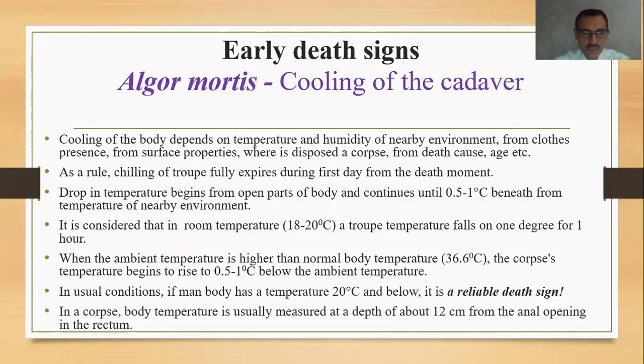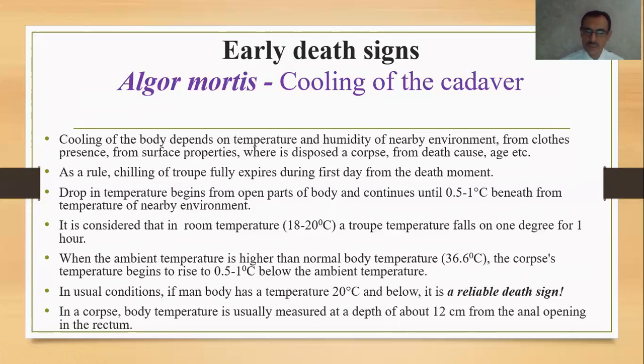It is considered that in room temperature, 18 to 20 degrees Celsius, the body temperature falls by 1 degree per hour. When the ambient temperature is higher than normal body temperature, the corpse temperature begins to rise to 0.5 to 1 degree Celsius below the ambient temperature.